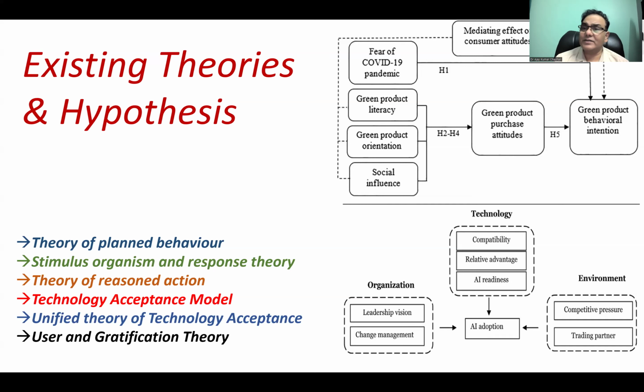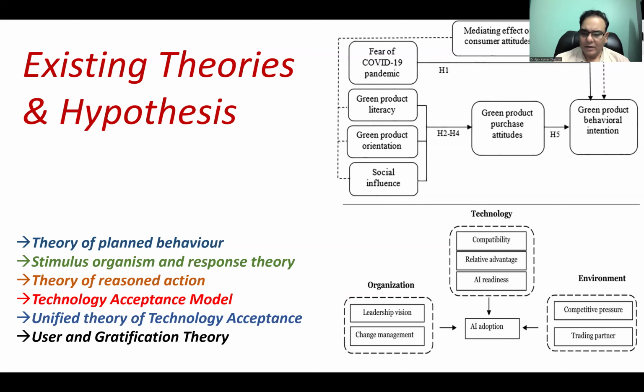But it is tested many times by many researchers. So in the literature, you have to find out whether our model is supported by theory or by hypothesis. You should have clarity here.